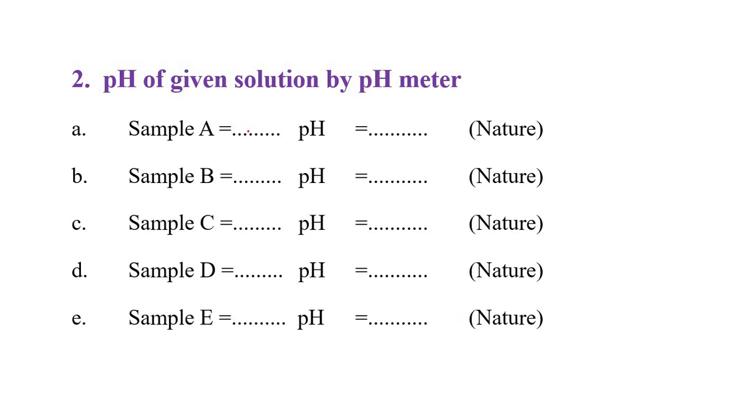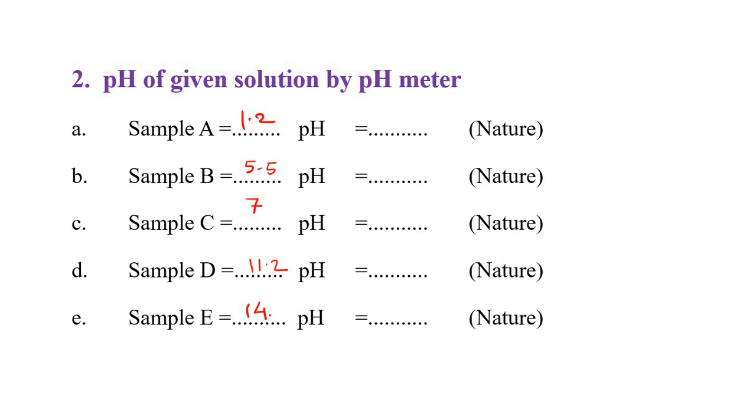Suppose I write the pH values first, then we will discuss the nature. What is the pH by pH meter for sample A? It is 1.2. For sample B it is 5.5. For sample C it is 7. For D it is 11.2, and for E it is 14.